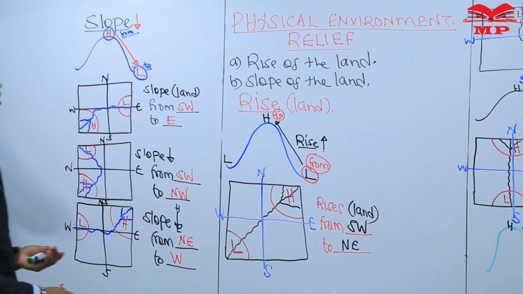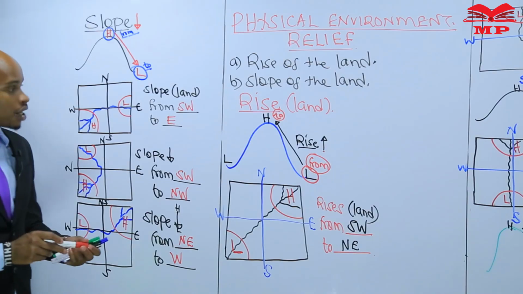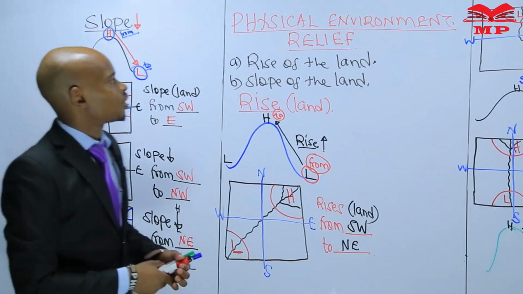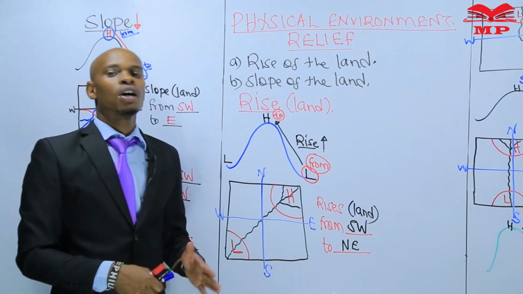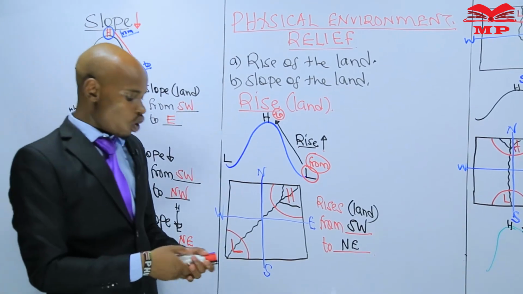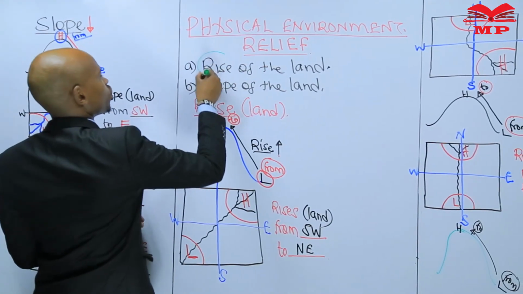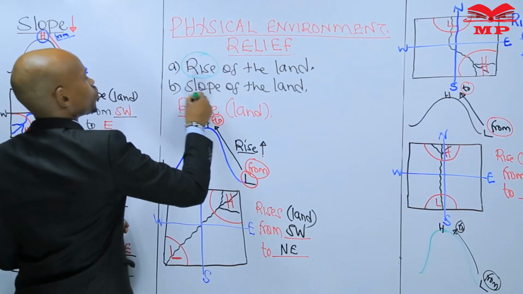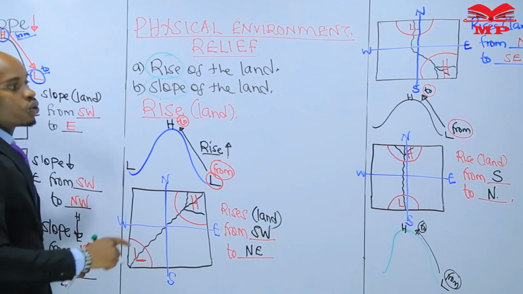And this is the easiest way of getting the relief of a map, the general appearance of an area, specifically on two occasions: the question on rising and the question on sloping.